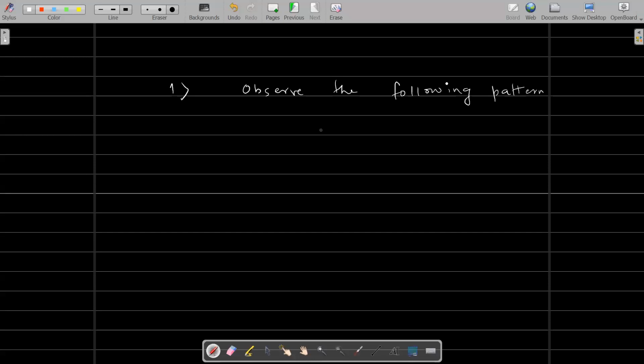Observe the following pattern. 1, 2, 3, 4, 5, 6, 7, 8, 9. You write neatly in your notebook with proper alignment. Then 10, 11, 12, 13, 14, 15, 16, and so on. I just put dot, dot, dot, which means and so on.